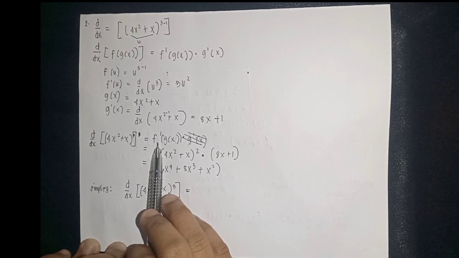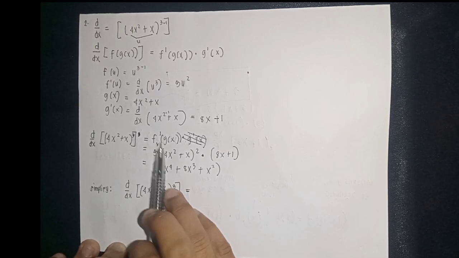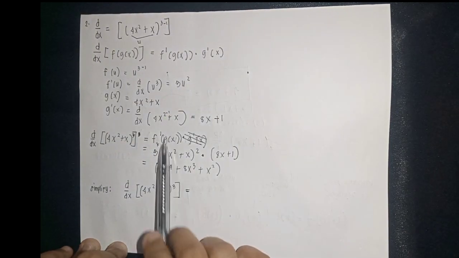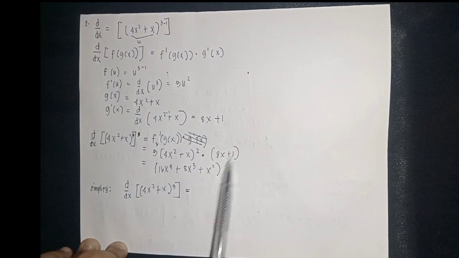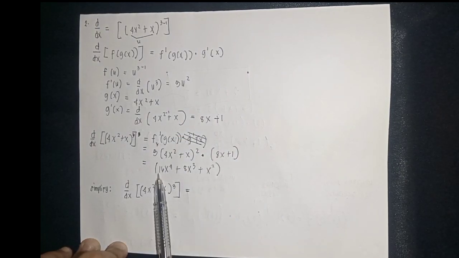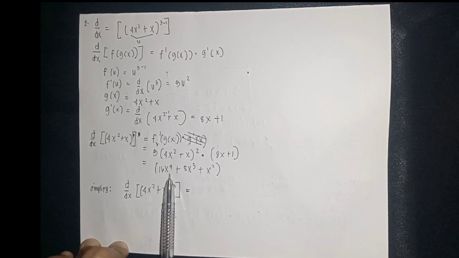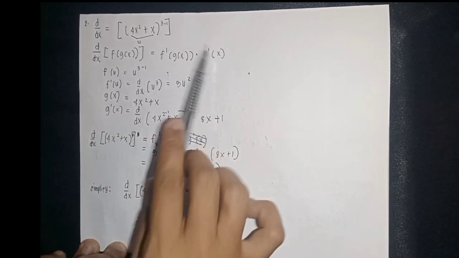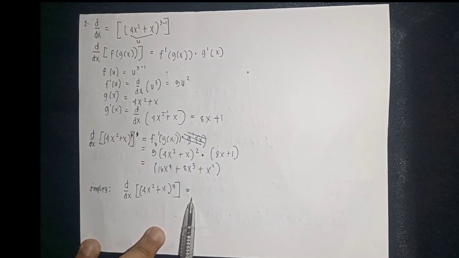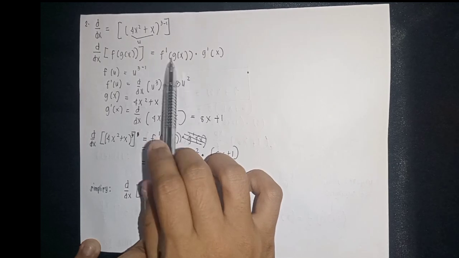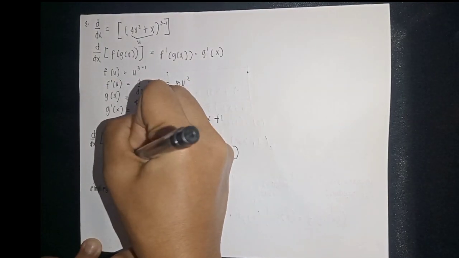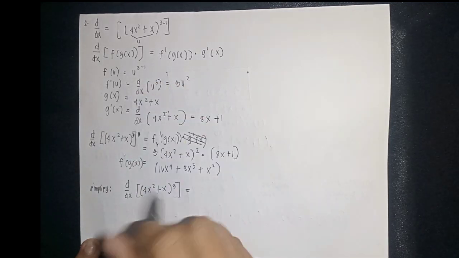So now let's write the function of f prime g of x, which is, so now let's write the 16x raised to 4 plus 8x cubed plus x squared. So we need to use the formula again. So f prime g of x, we have to bring down the 3. Yes, we have to bring down the 3.